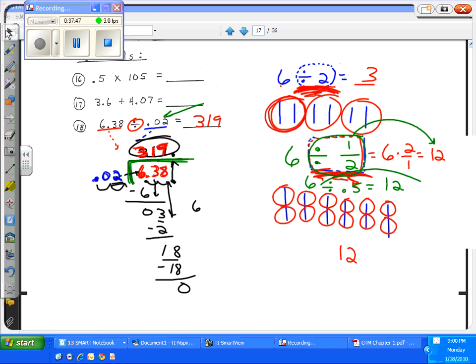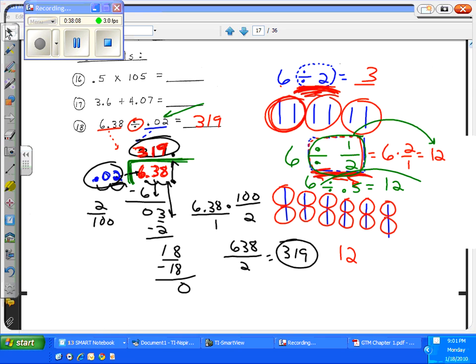So what we really have is 6.38 times the reciprocal of 200ths, which is 100 over 2, which is 638 divided by 2, which is 319. Okay? That's doing that same problem as a fraction instead of a decimal.